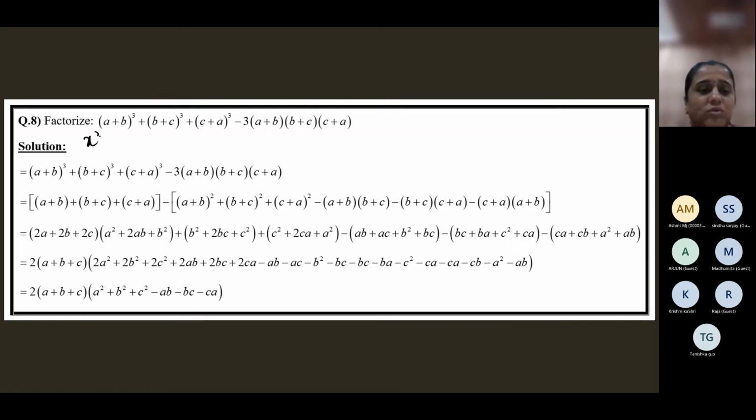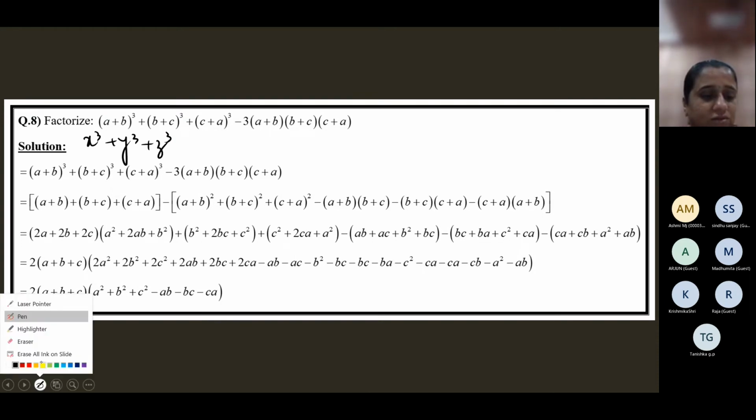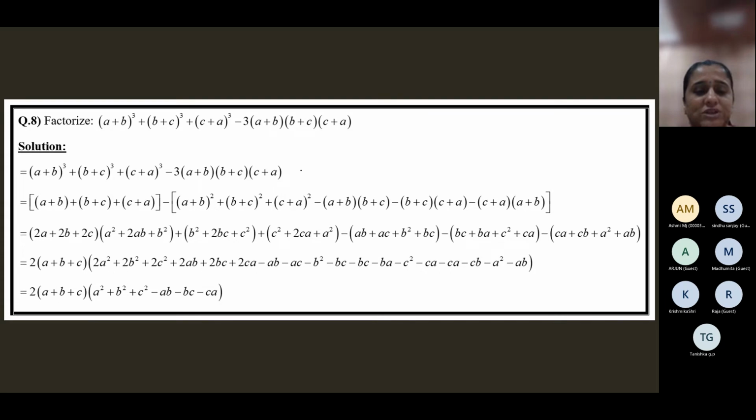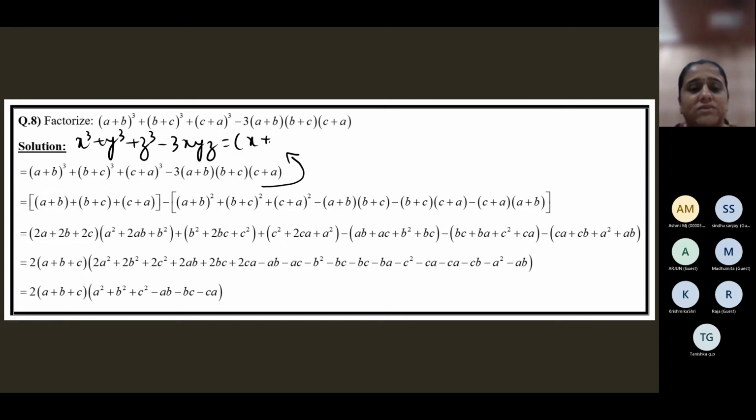The identity is x cubed plus y cubed plus z cubed. You can write this, I'll tell you where to write it. Write the identity: x cubed plus y cubed plus z cubed minus 3xyz is equal to x plus y plus z into x square plus y square plus z square minus xy minus yz minus xz.